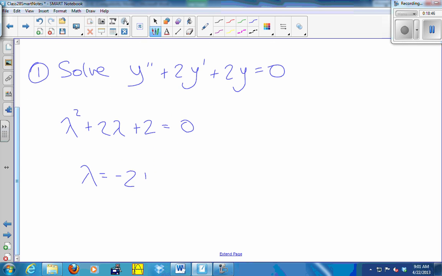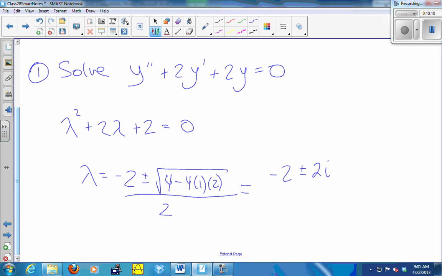Lambda is going to be -2 plus or minus the square root of b squared minus 4ac, all over 2a. We're going to have complex eigenvalues. So I've got -2 plus or minus the square root of 4 minus 8, so it's the square root of -4, which is 2i, over 2, which is -1 plus or minus i. So 2 eigenvalues, -1 plus or minus i.